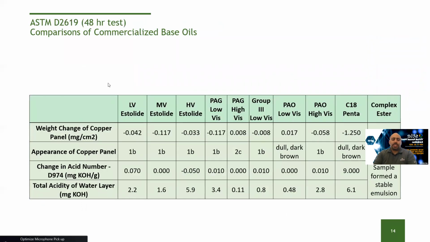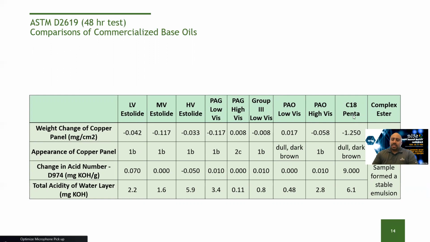So what we did was we took a look at various base oils, ranging from conventional esters, C18 pentaerythritol, complex esters like TMP, some PAOs, group 3, and two PAGs at different viscosities. We also looked at estolides, and we evaluated these base oils using ASTM D2619 for 48 hours.